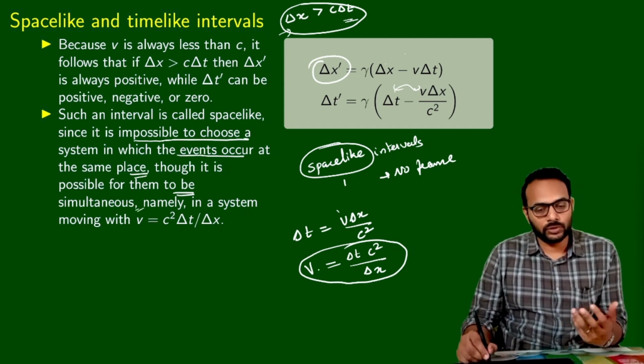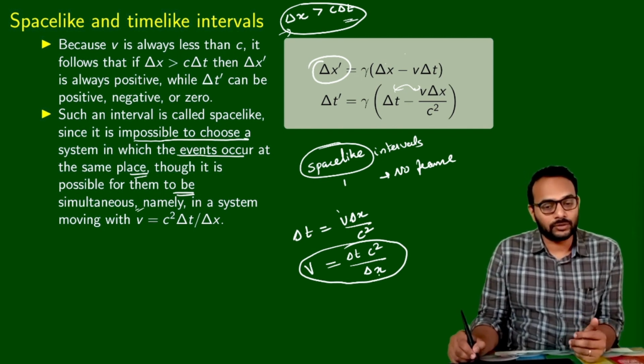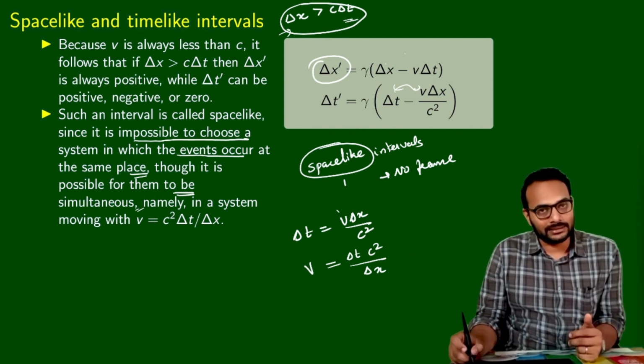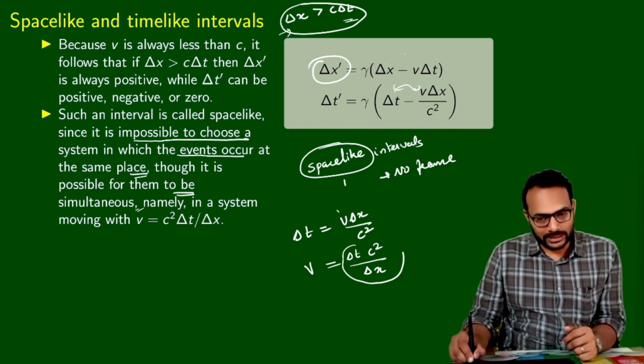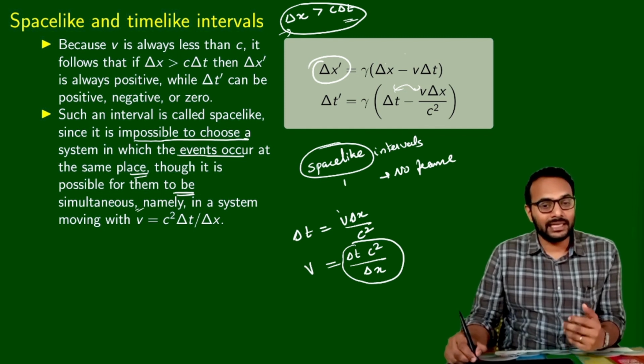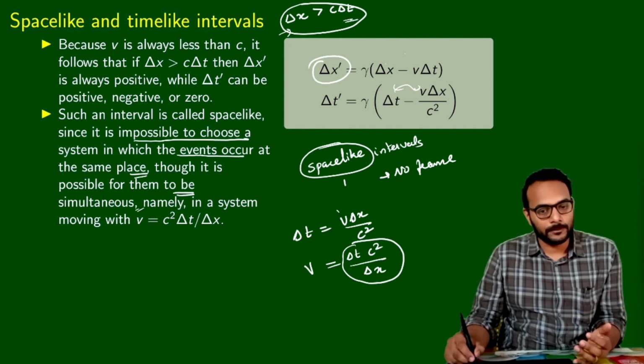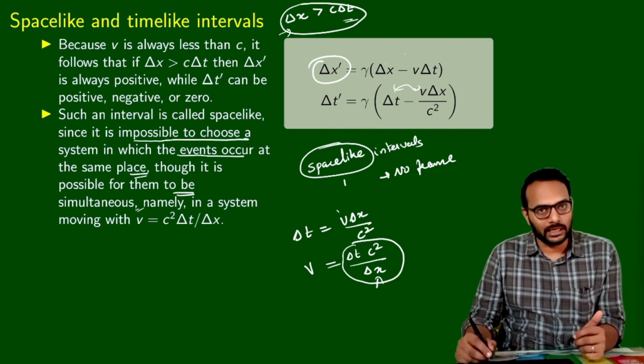You just have to go to a frame which moves with the speed v equal to delta t c square divided by delta x in the positive x direction. Clearly we see that this speed is less than c if delta x is greater than c delta t, and such velocities are possible.